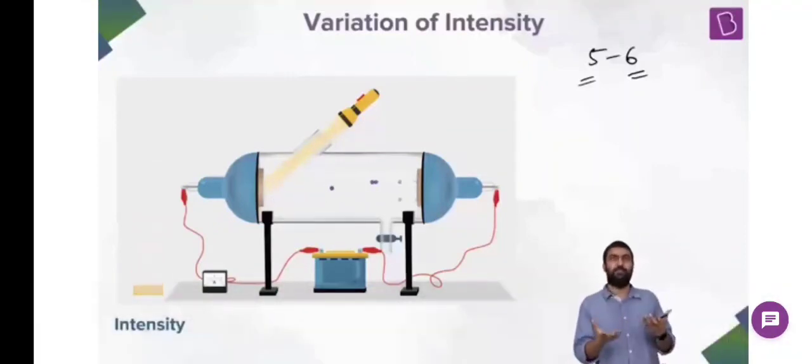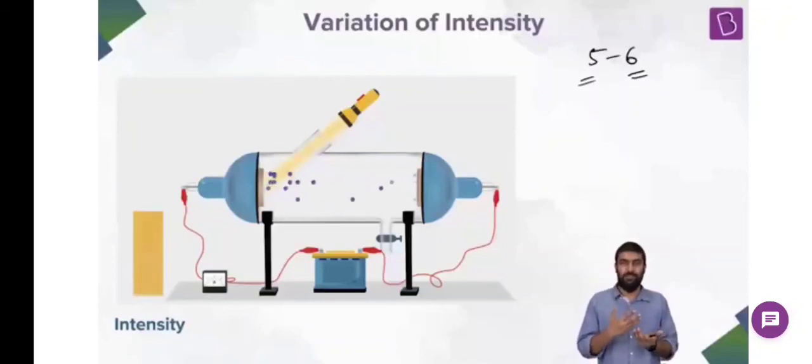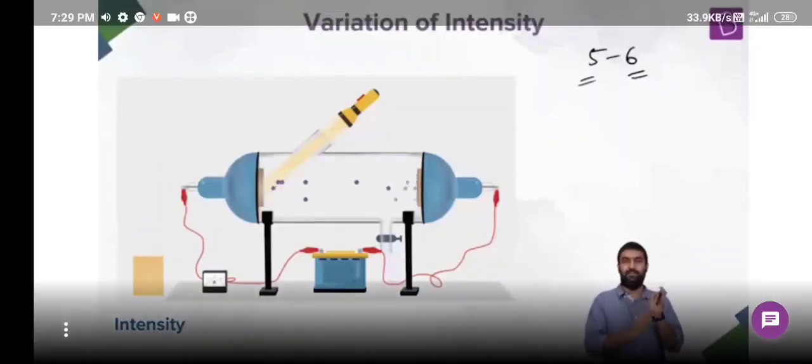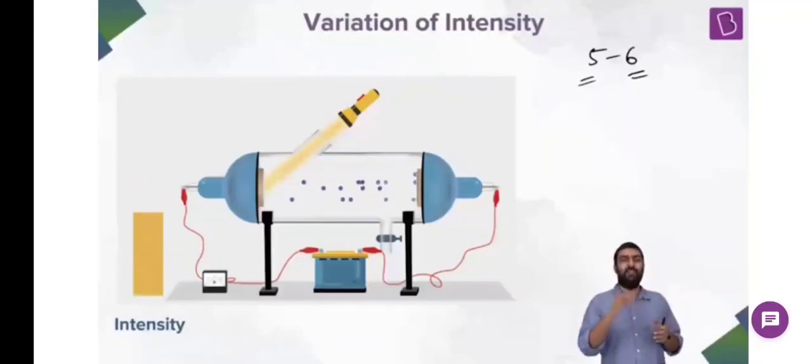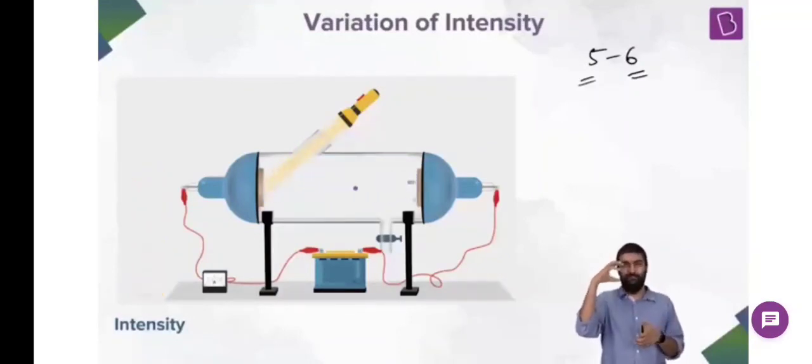Let me use an analogy. Let's say these atoms and their electrons are soldiers of team B, and you have your own team A of photons.